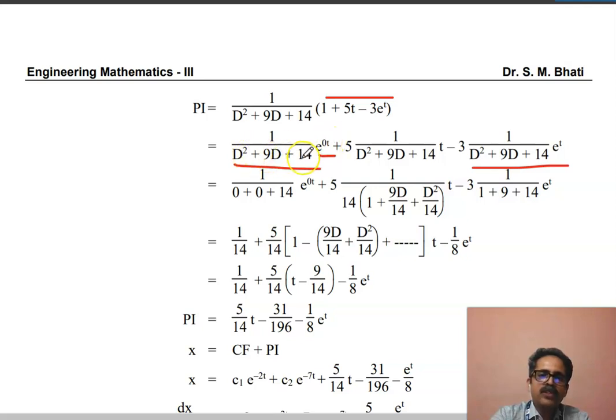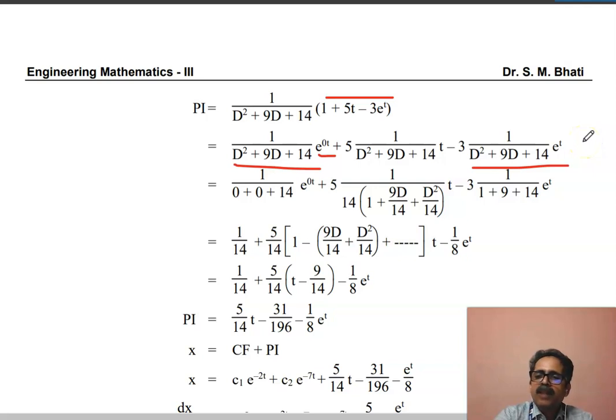So put here D is 0, we can get the next step. The last term has the same type, 1 over phi D acting on e raised to ax type. Shortcut method type 1. The role of x is played by t here. So compare this e raised to t with e raised to ax.